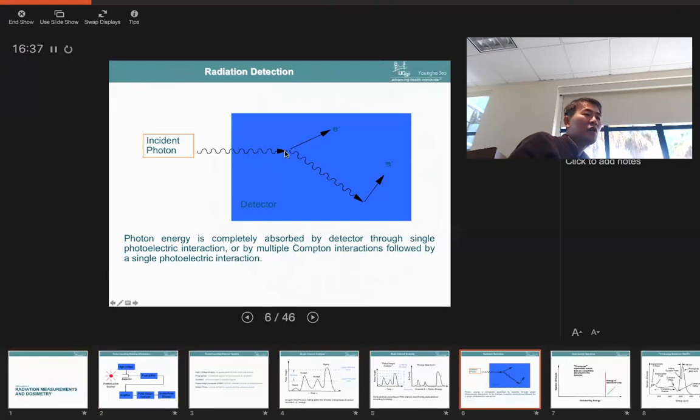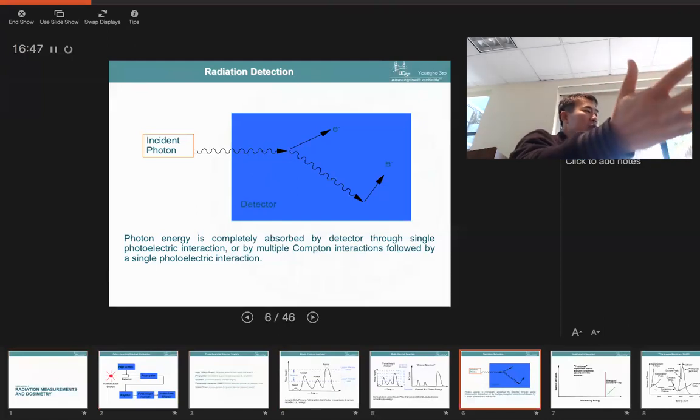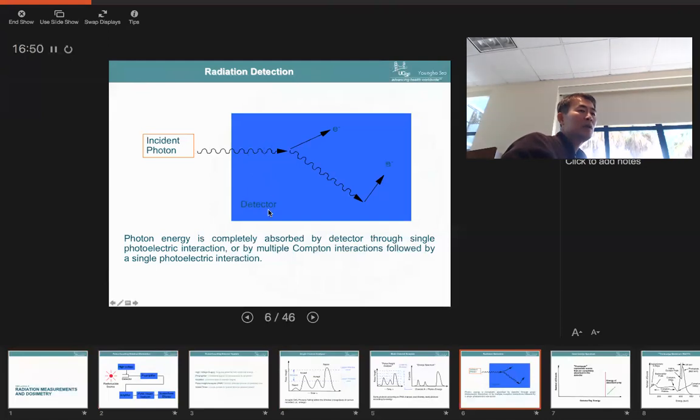When it's interacting in an ionization process, some photoelectric effect, Compton scattering, that's what we talked about, right? Those two are basically the dominant interactions for our energy of interest. So during those kinds of processes, some ionization, like electrons could be coming out, and some other things are coming out. Usually, those electrons are stripped. That's the ionization process.